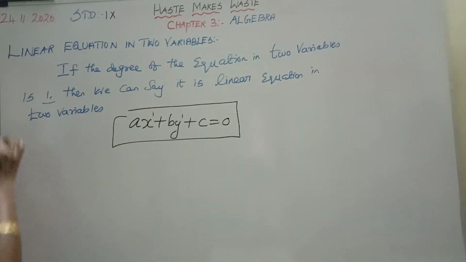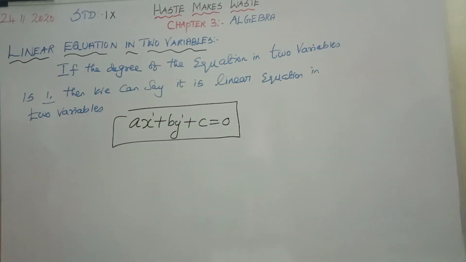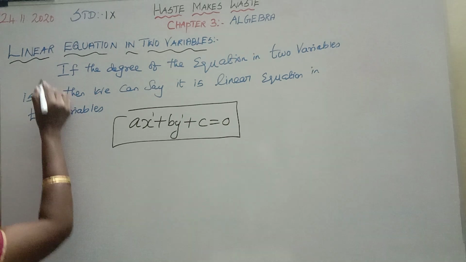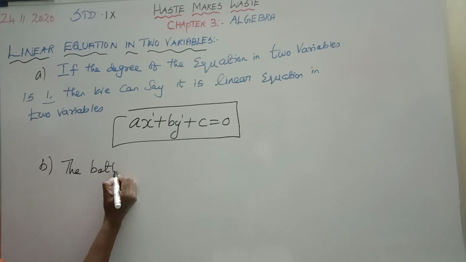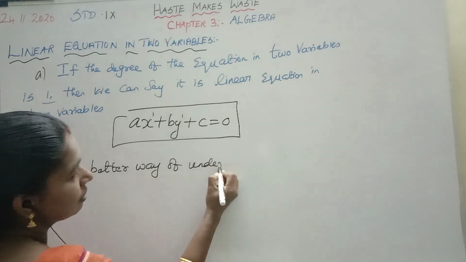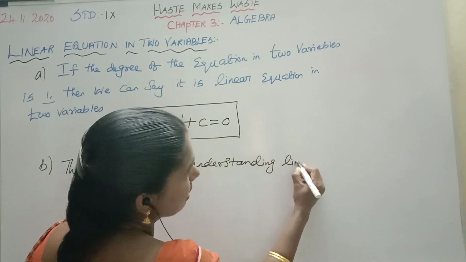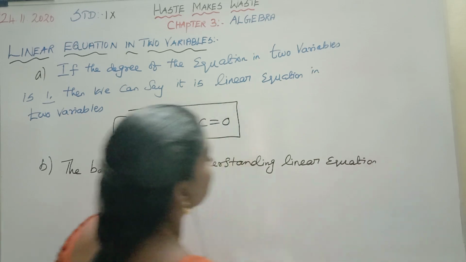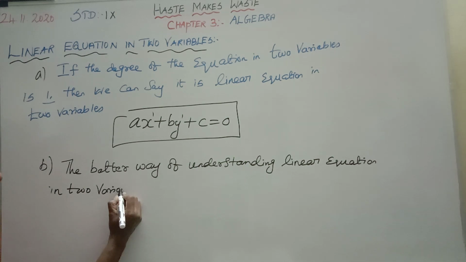Then what are the ideas we saw in linear equation in two variables? First one, what is the idea? The better way of understanding linear equation in two variables is geometric visualization.